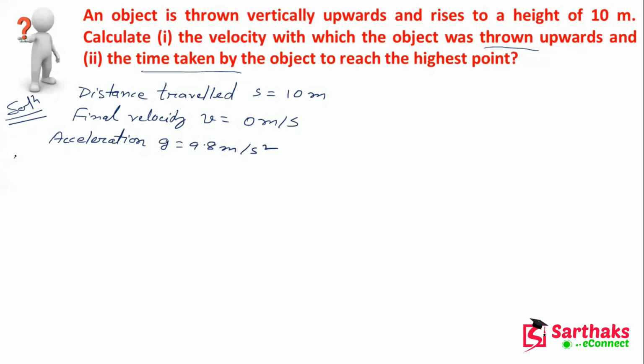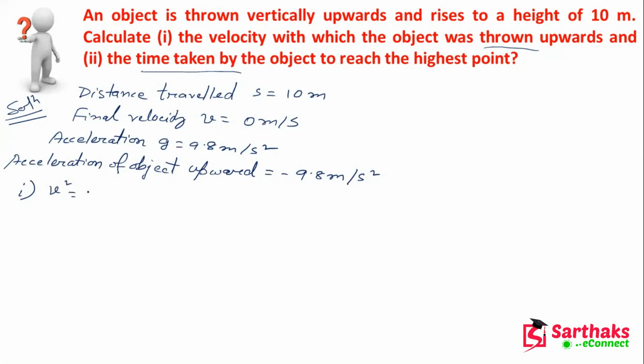But here, for the upward acceleration of the object, we are considering minus 9.8 meter per second square. So first, part 1: v square equals u square plus 2as.